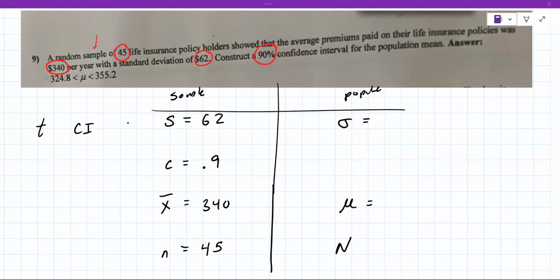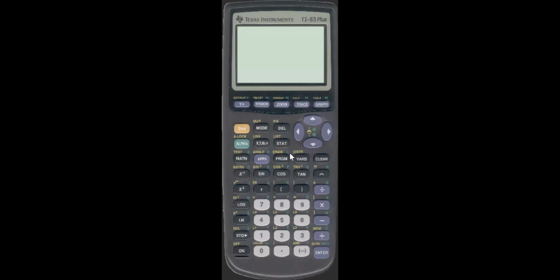Get that up in front of you. To do this one, it's under stat tests, and then you want the confidence interval for a t. So we're looking for a t interval, which is number 8.